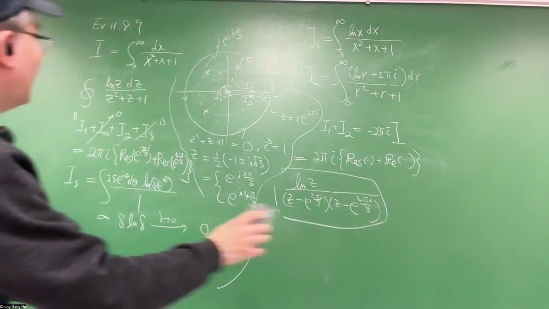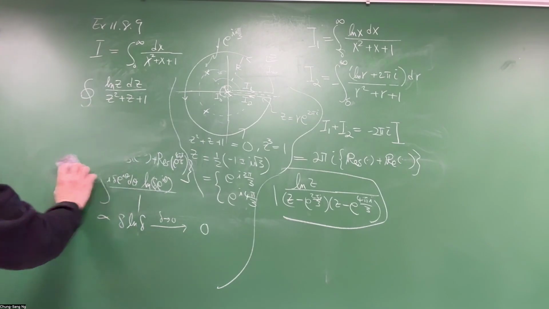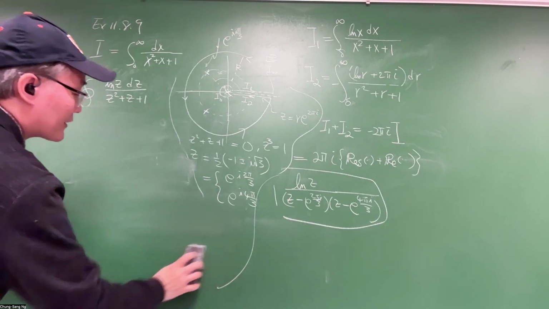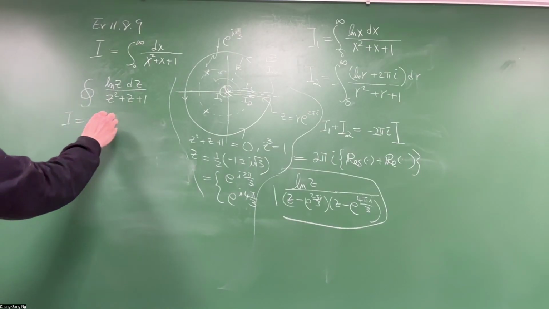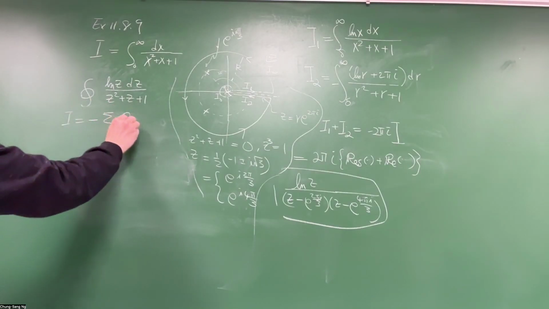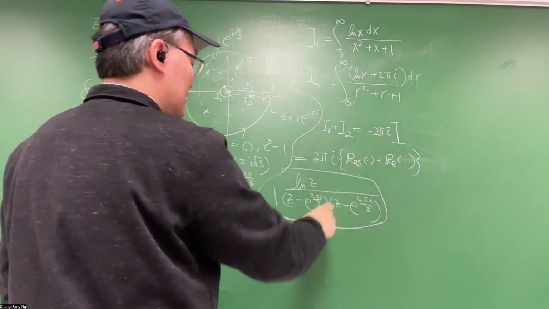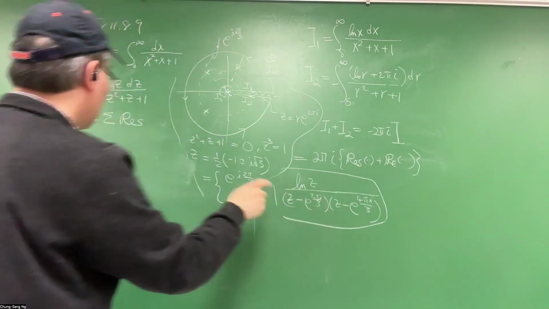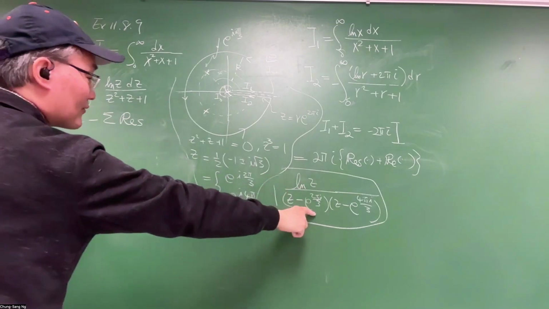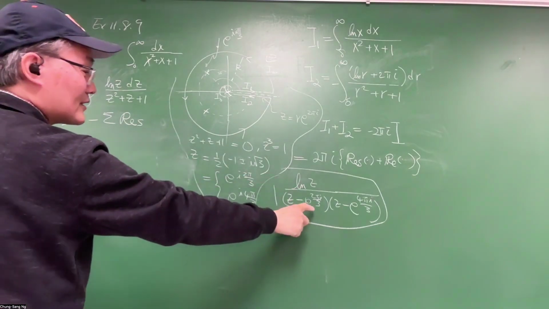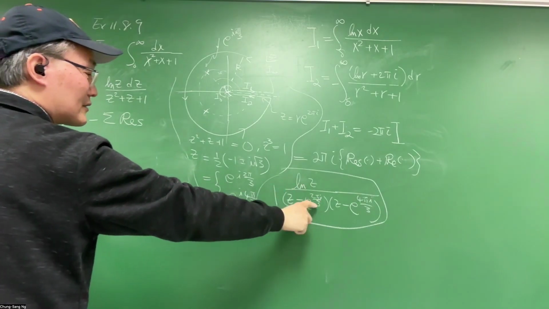I'm out of space here. Let me just, we already did that. So I is now minus the sum of the residues. Now the first residue has a negative sign, minus, and the log of this. The log of this is an exponential of a pure phase, so it's just the phase.